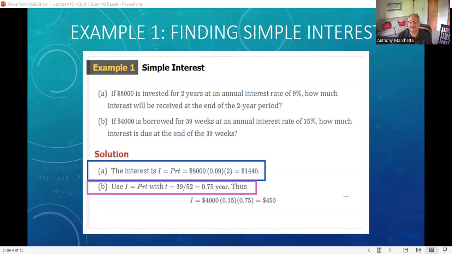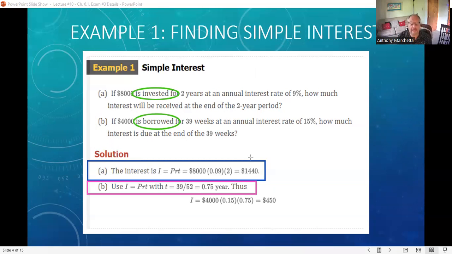Now, something else I want to mention, these two questions are put together, A and B, one after the other, so that you could see how they are the same question and remember things that are kind of synonyms, if you will. Like, for example, right here it's being invested. Then here it's being borrowed. Okay, please pay close attention to that, friends. That's a very easy thing that'll make your homework easy.